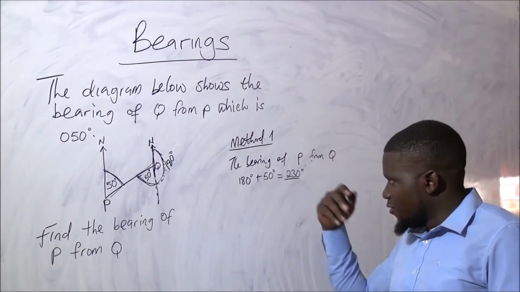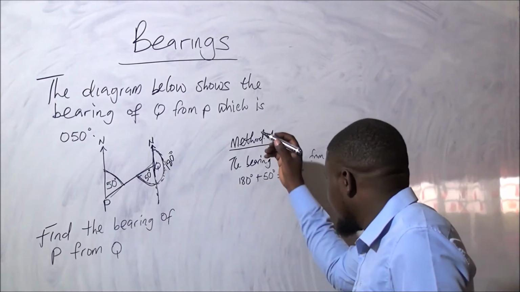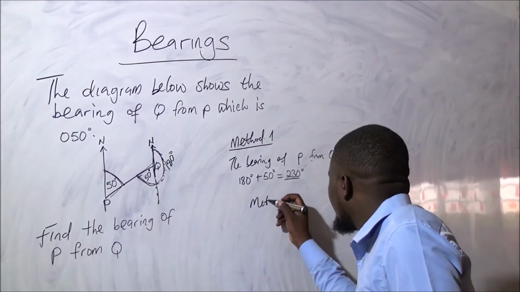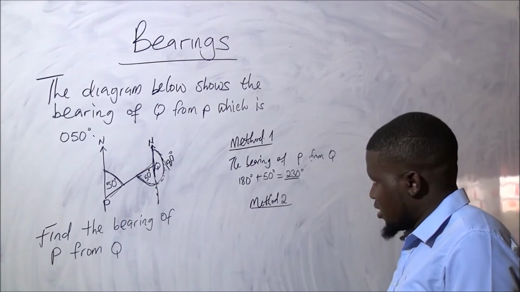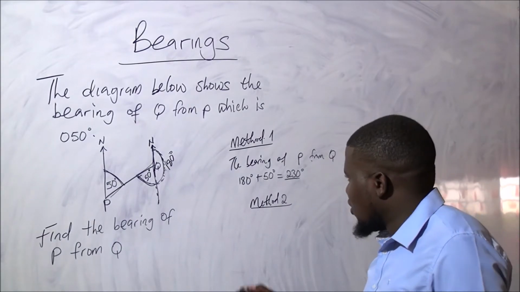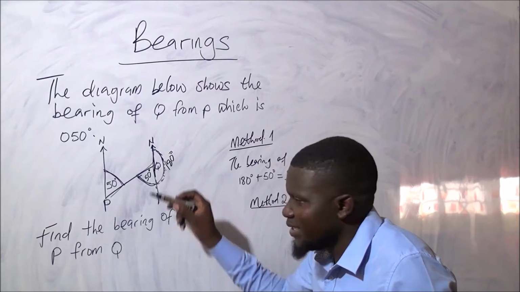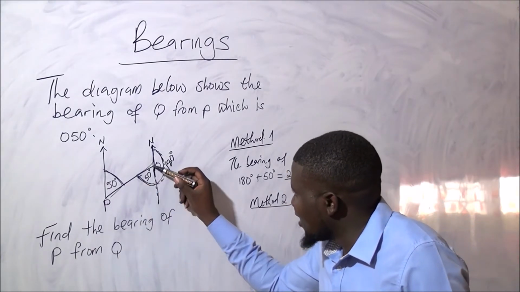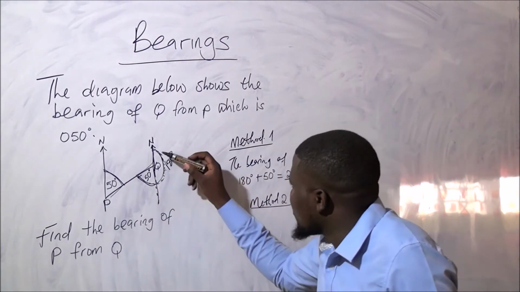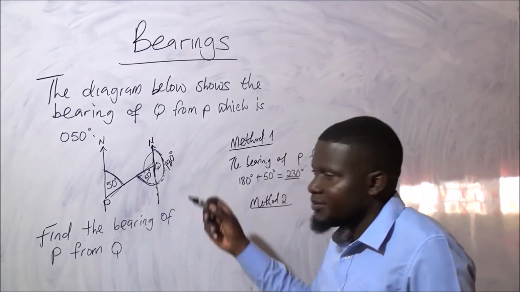The other method, method 2, is knowing that PQ is a straight line. Here we have 50 degrees. We can calculate the angle at this point.